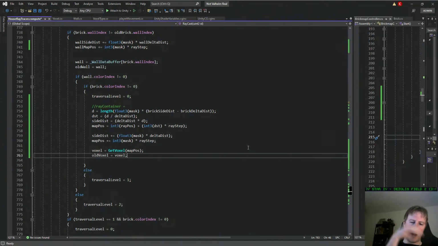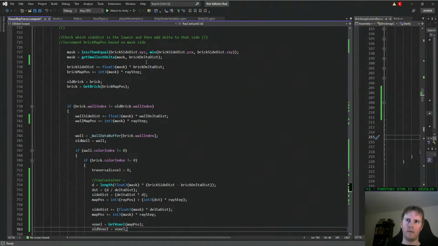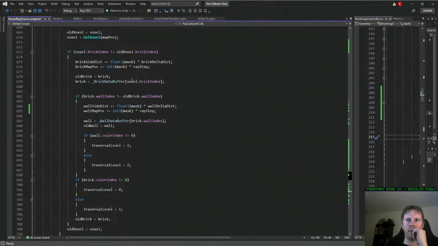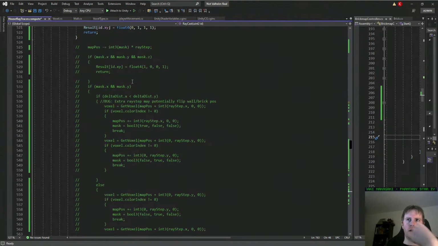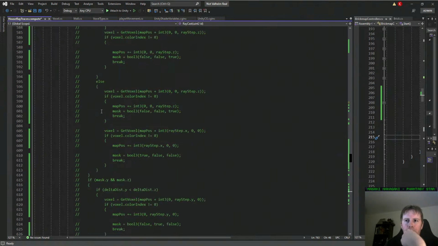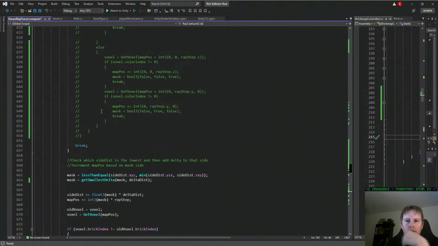Because what happens is, let's say we're traveling a voxel into a new brick.